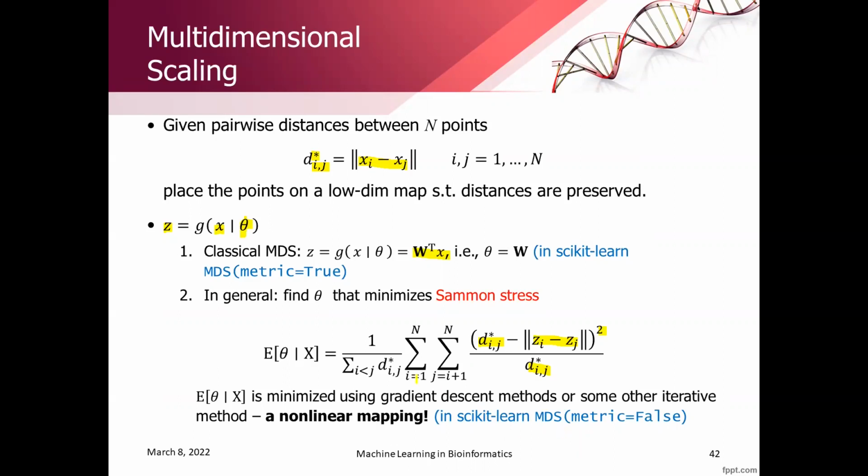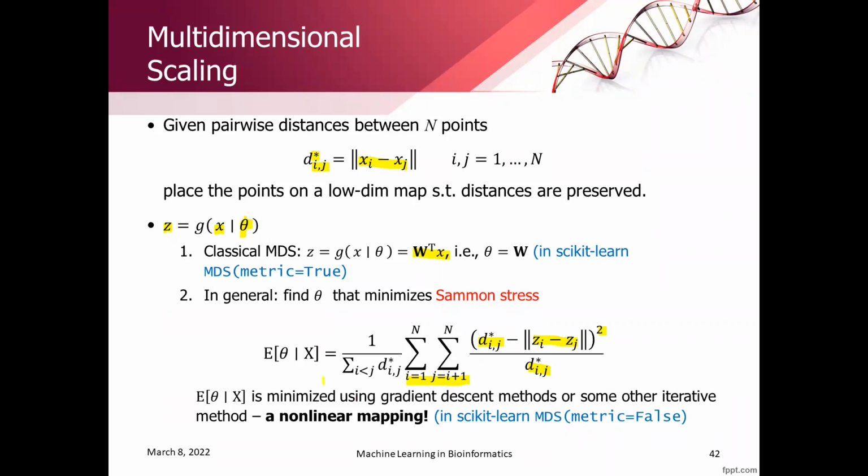And here we sum over all pairs i and j where j is greater than i. So we sum such normalized squared differences between these distances over all pairs of observations.